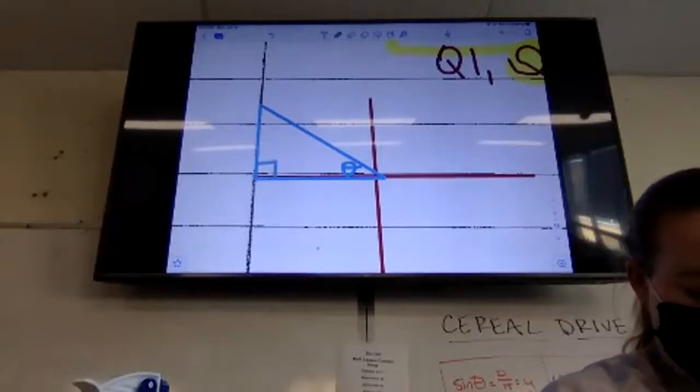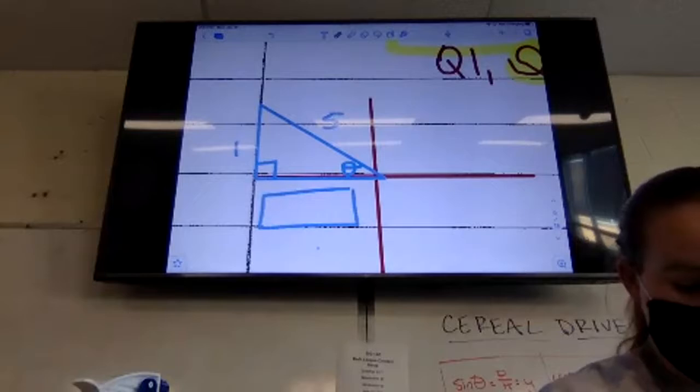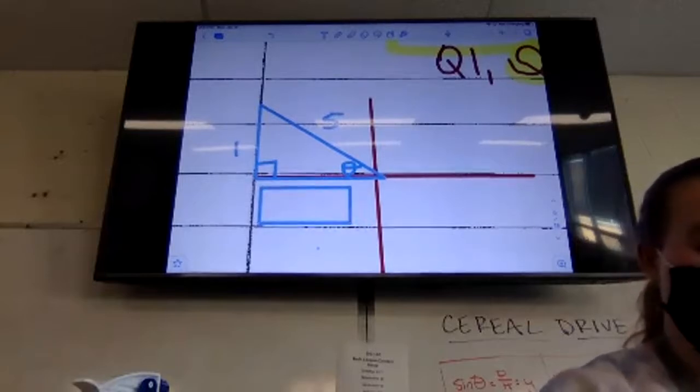Theta goes by the origin, opposite is 1, hypotenuse is 5. We do not know the adjacent. We're going to have to find it.